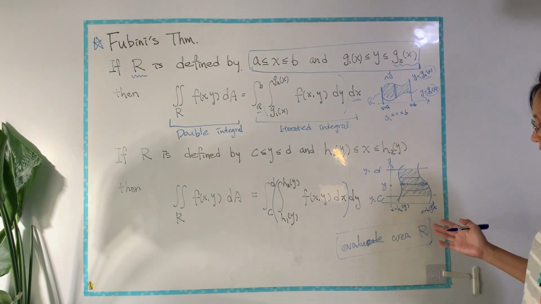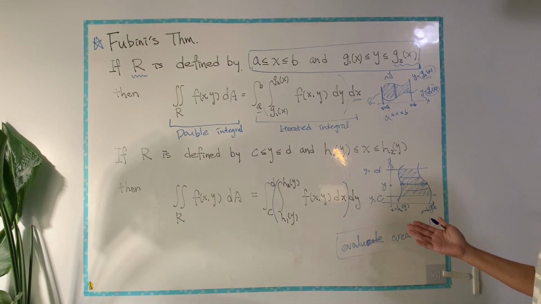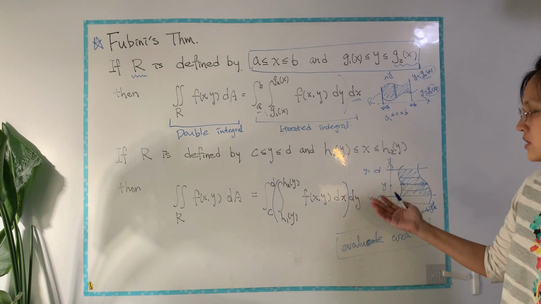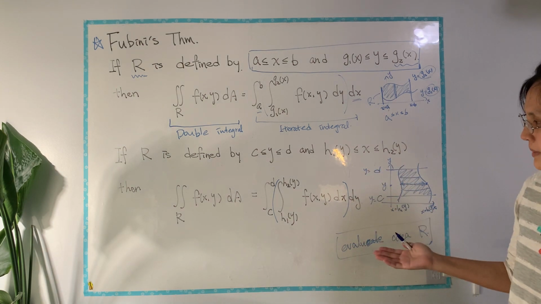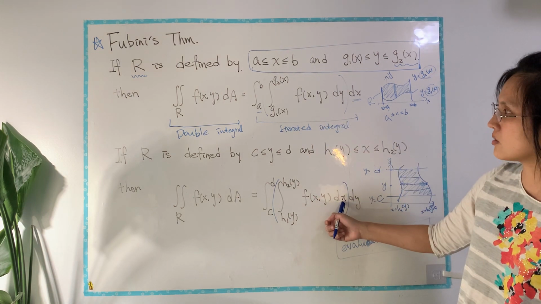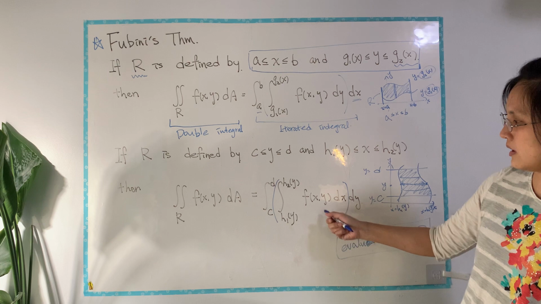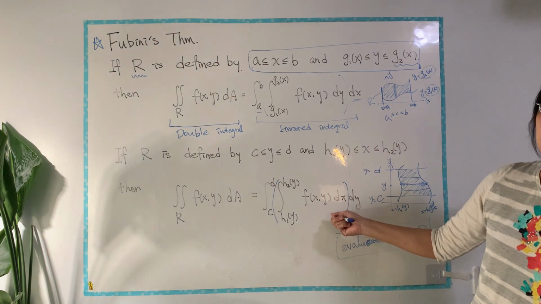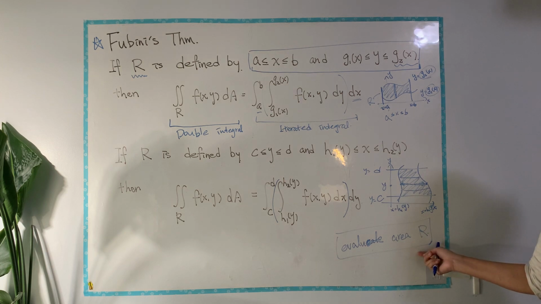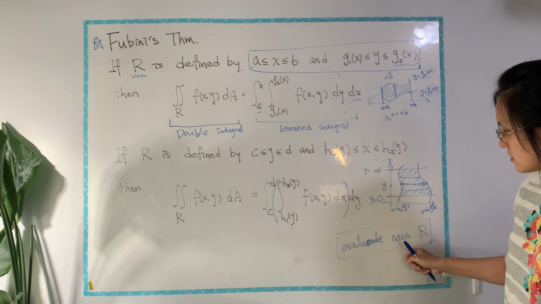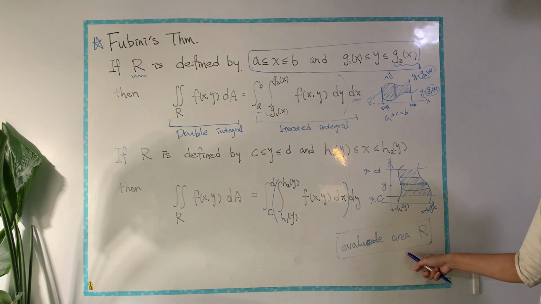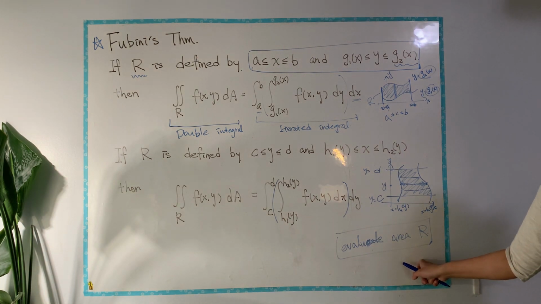When you have a region R and you can describe this region R by inequalities, then you can find the area by setting up a corresponding iterated integral like this. In that case, you will have f equal to 1, right? So this is basically a variation of how we use iterated integrals to evaluate the area of a given region. All right.